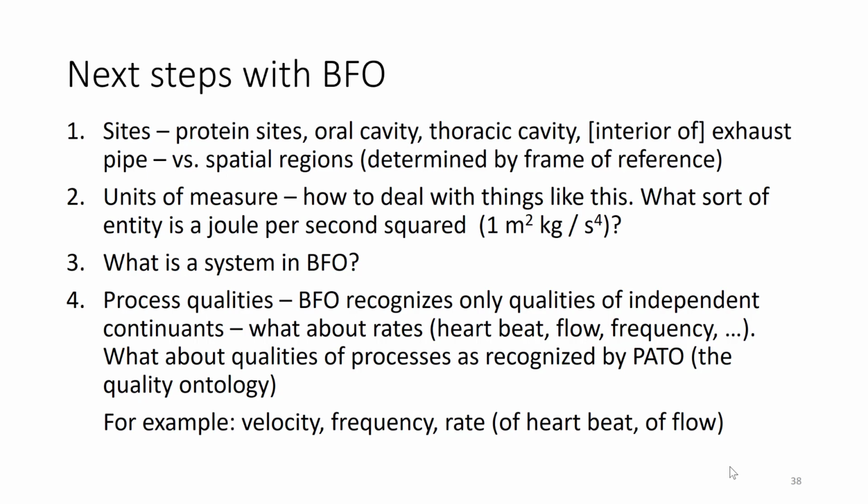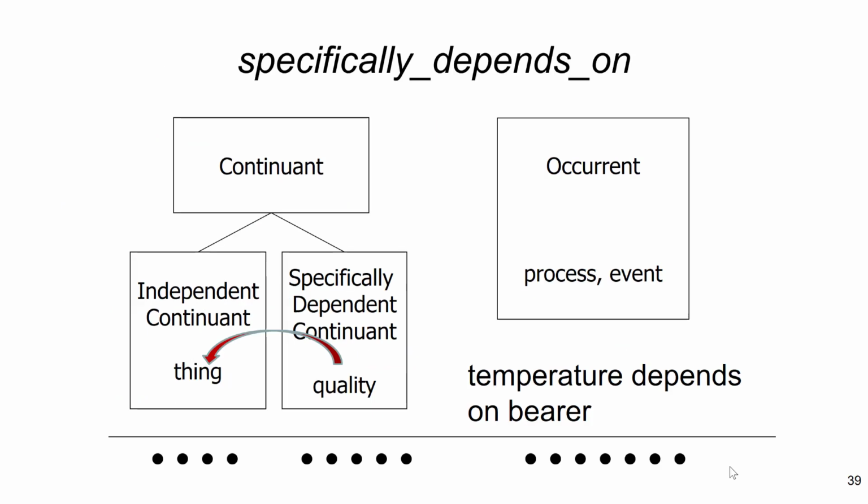Now, finally, we have a solution to this problem, which is being exemplified, instantiated, or implemented by the OBO Foundry community. And it goes like this. So BFO has qualities which are specifically dependent continuants which depend on continuants.